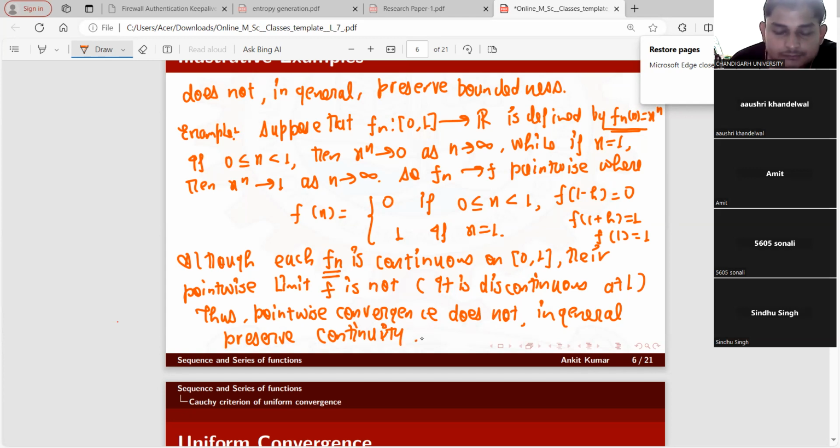Okay. So from this example, we prove that pointwise convergence does not preserve continuity.